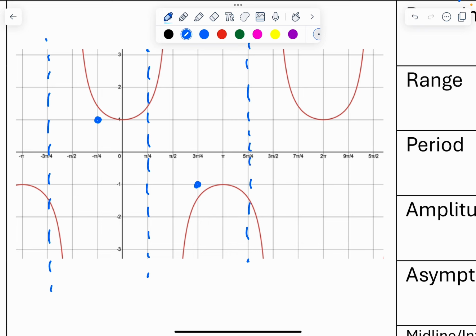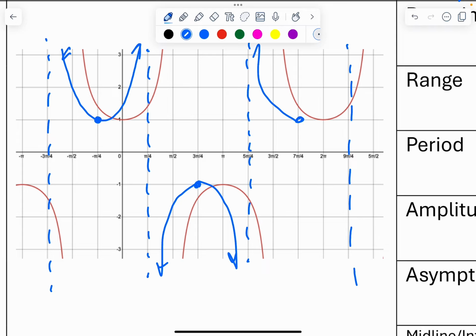It probably won't be labeled for you in the future. So let's talk about how we know all these things. And so this one is going to grow something like that. This one, anyway, is going to go something like that and something like this. Do you see how everything has shifted?